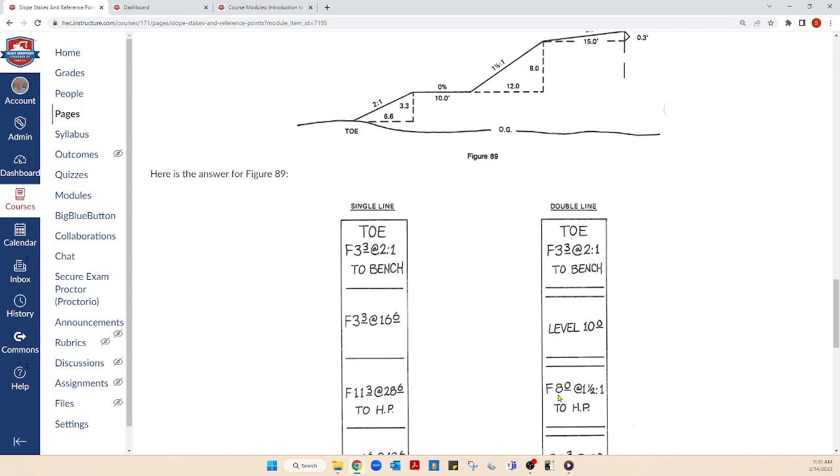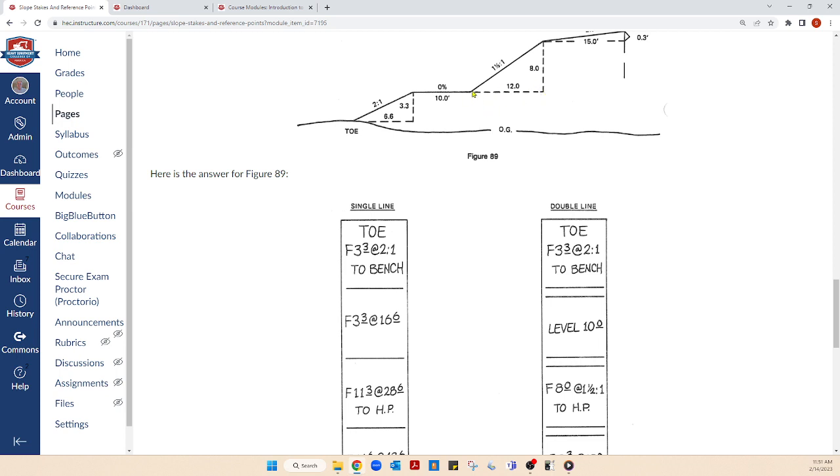Let's check us out with the double line. So the level 10 foot put us here, as I recall. And then fill 8 foot, there's our 8, at 1.5 to 1. So what would be the horizontal? Would that be fill 8? It would be 12 right there.